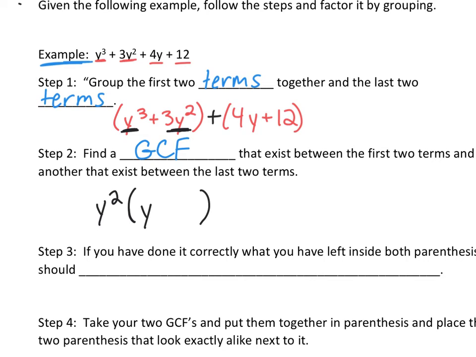Okay. 3 divided by 1 is just going to be 3. And y squared divided by y squared, don't those cancel? Yup. Okay, so this is what we've got. We just found a GCF of the first two terms, and we took it out. Okay, we keep our plus sign.